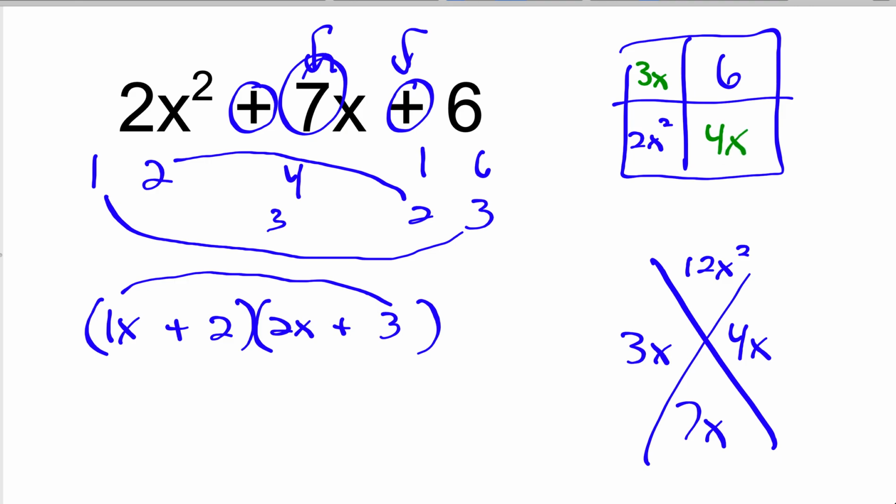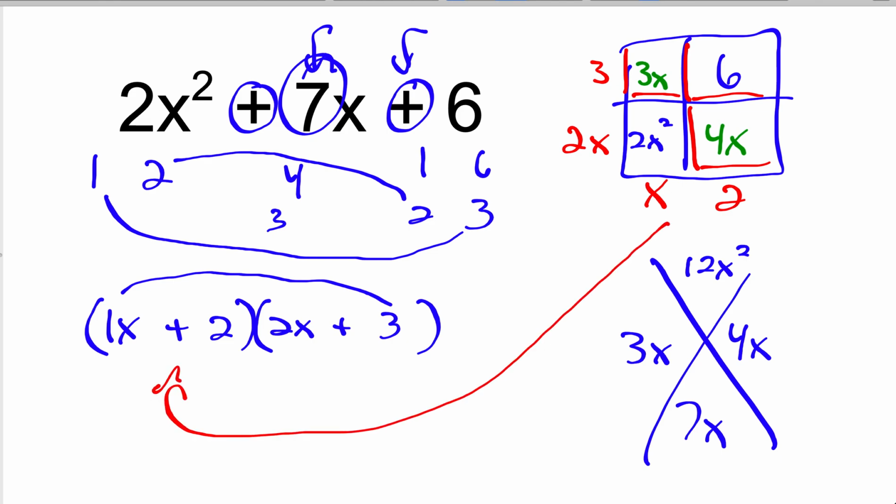And now I'm taking out a GCF. 2x here, x here. If this is x, then this has to be 3. If this is 3, then this has to be 2. And double check, 2x times 2 is 4x. And if I check x plus 2 and 2x plus 3.